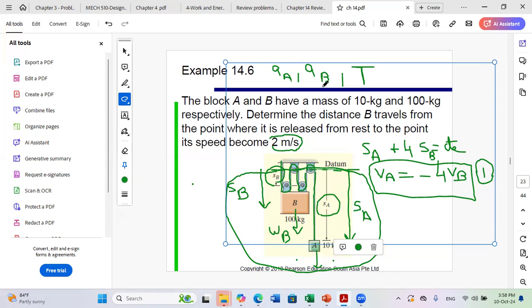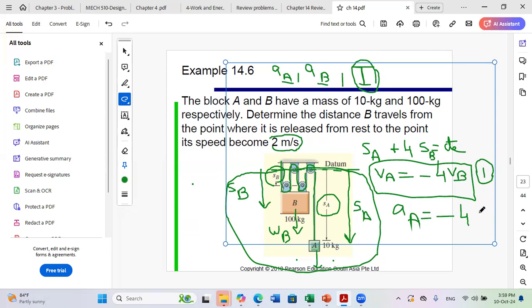If I choose to solve using chapter 13, I need to solve for the tension in the cable. Okay, and I have three unknowns, AA, AB, and tension. So I have to write three equations. Of course, one of the equations will be AA equals minus 4AB by relating the motion of the two blocks.